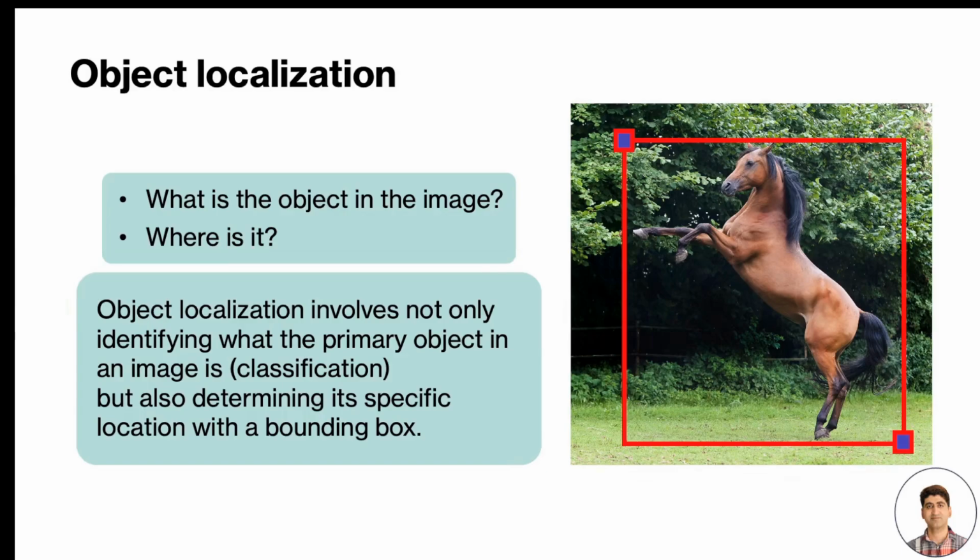Now moving to the next section, object localization. As we saw previously, the objective of image classification is to identify what object is present in the image. But object localization gives us more information compared to that, since not only does it tell us which object is present in the image, but it also tells us where that object is in the image.